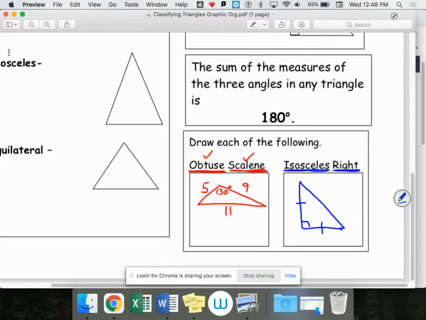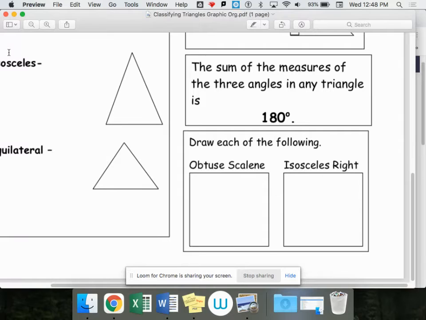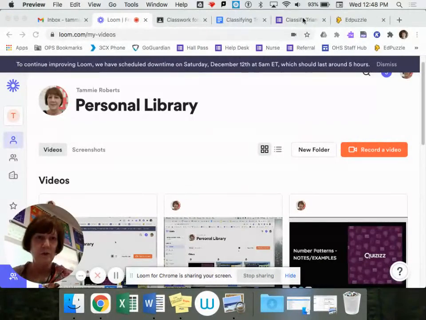So that would be showing that 2 sides are the same length, so that would be an isosceles right triangle. All right, so let's look at some more examples so that you guys can have some solid information to do your assignment.